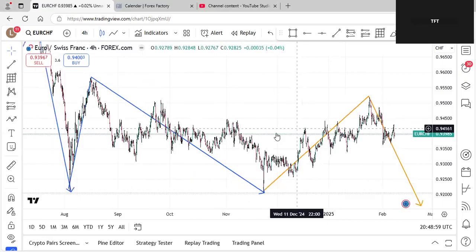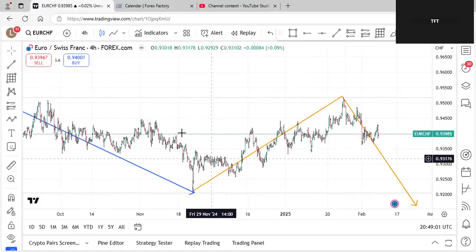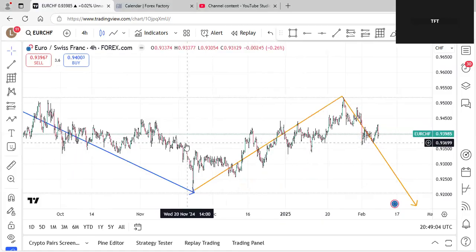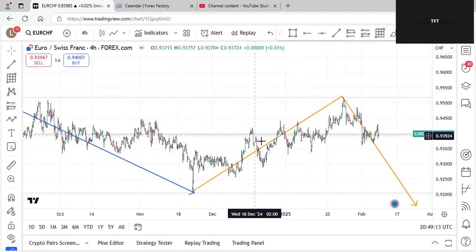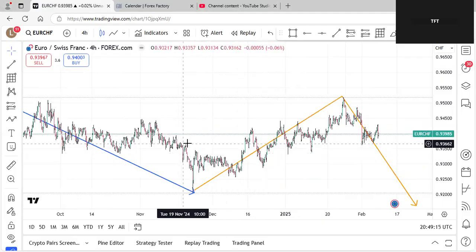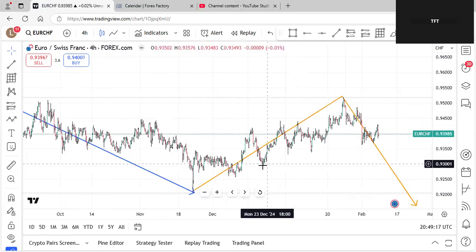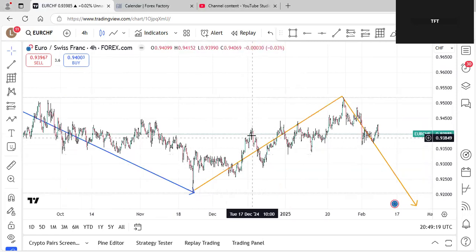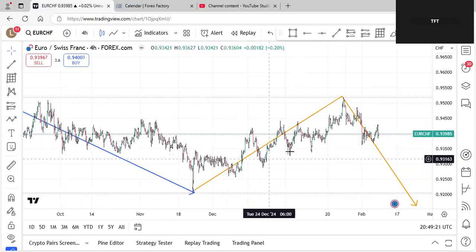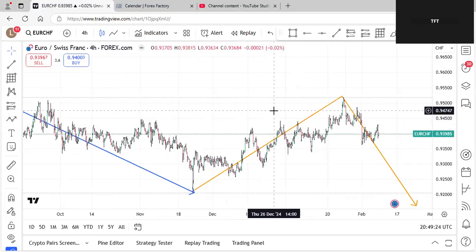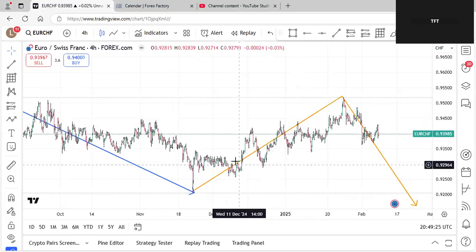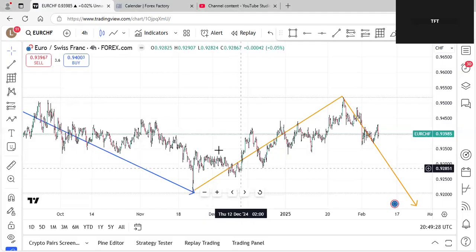I wouldn't recommend taking buys from around here until we start seeing decent breaks above highs like this at least. This would be maybe a 15-minute high I would class it as, which you can see probably does play out as well. So a break above here mitigates the order block and takes this high effectively. But that's not the actual trade I want to get into, but a good point of interest.